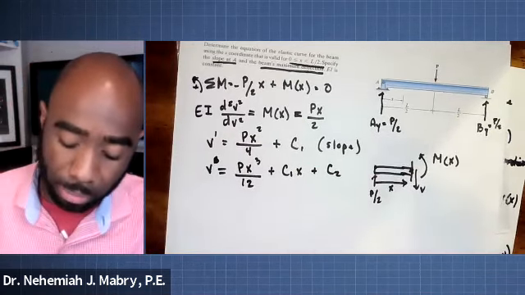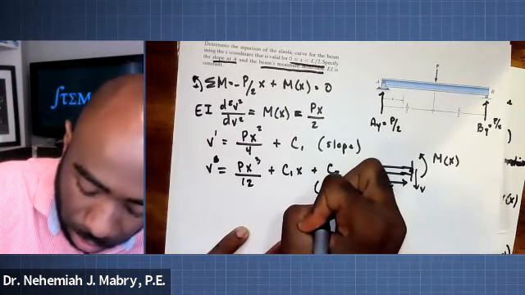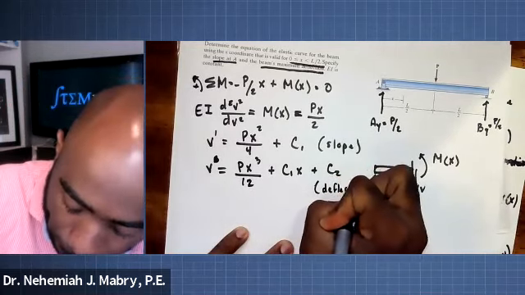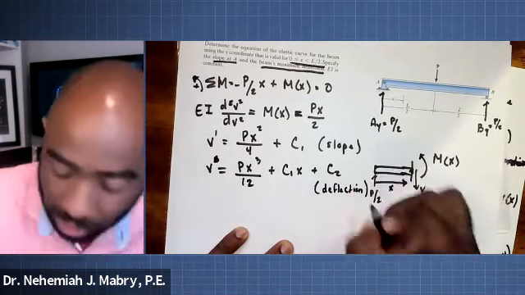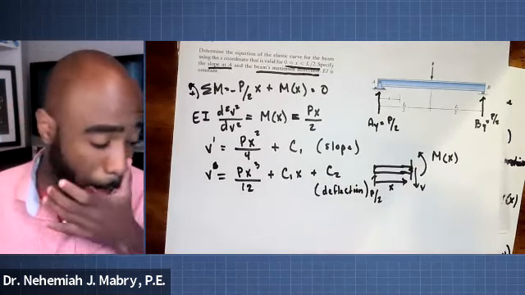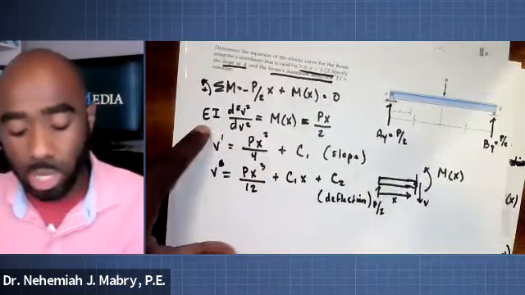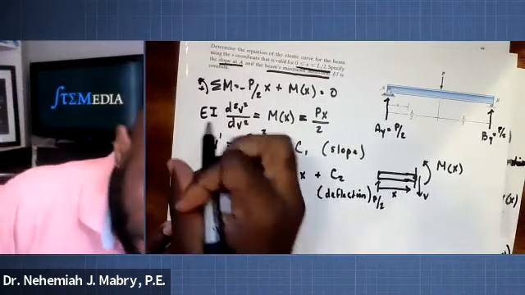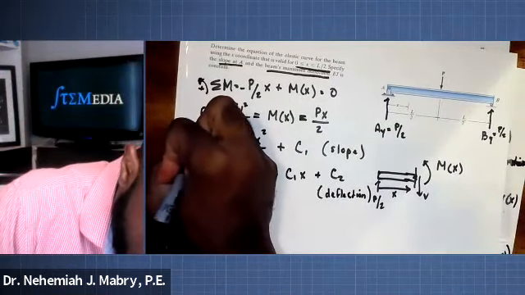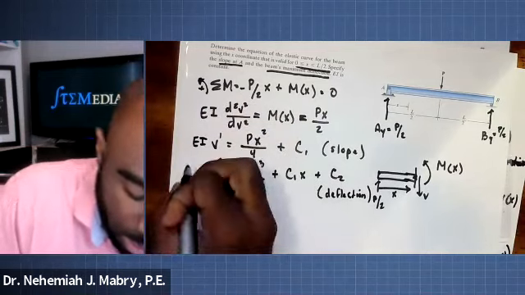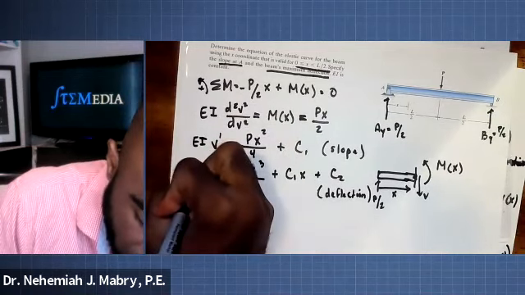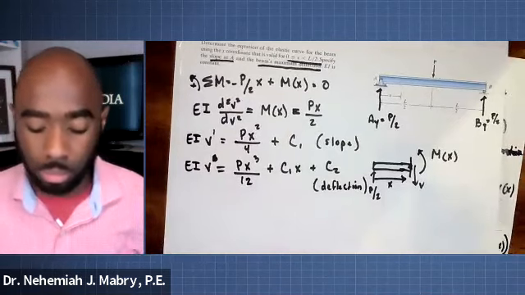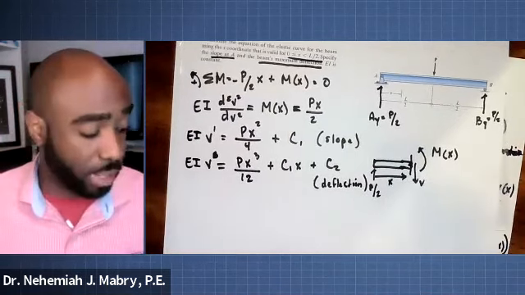That's the deflected shape. Let's say deflection. And because we're still trying to incorporate EI, let's keep EI out here. These are constants, so they're not going to affect how we're doing our antiderivative. We're just going to keep it over here. So there's our equation for the deflected shape.